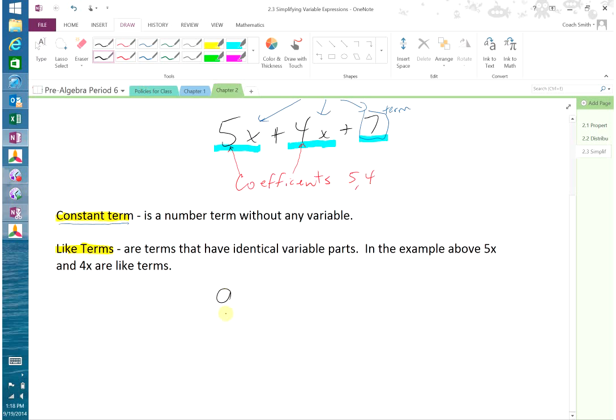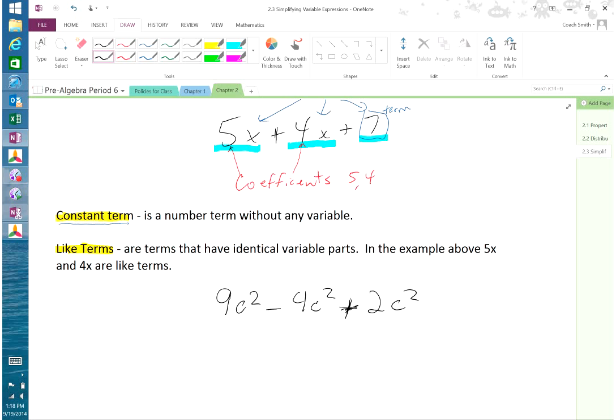Let's say I had this: 9c squared minus 4c squared plus 2c squared. Right now that's 3 terms. When you simplify it, it may end up with 1 term, it may end up with 2 terms, or multiple terms.